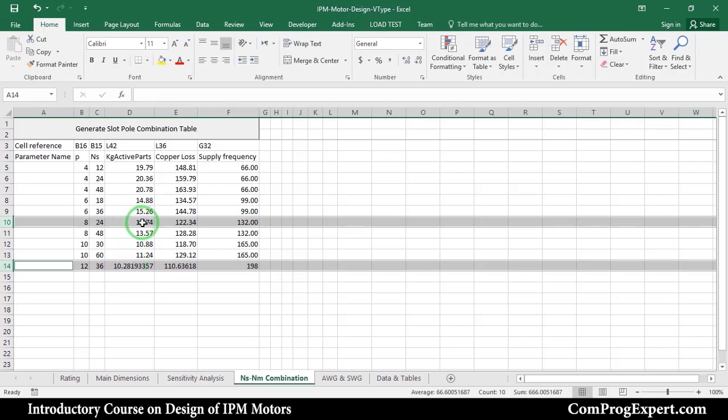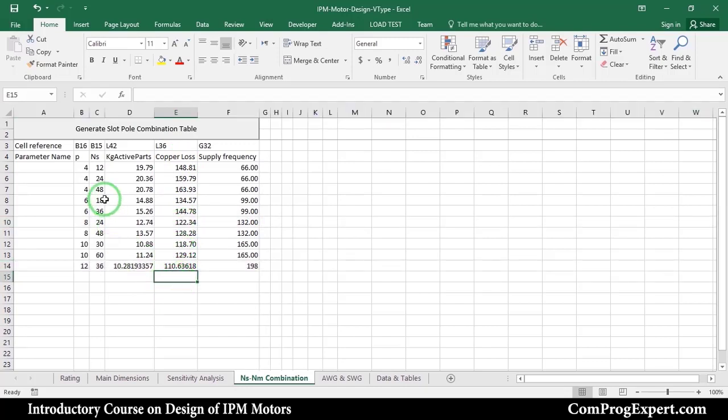But look at this number. The supply frequency here is higher than the supply frequency here in this design. And also the copper loss is different for these designs. So based on your objective function, you can select a proper combination for your application.